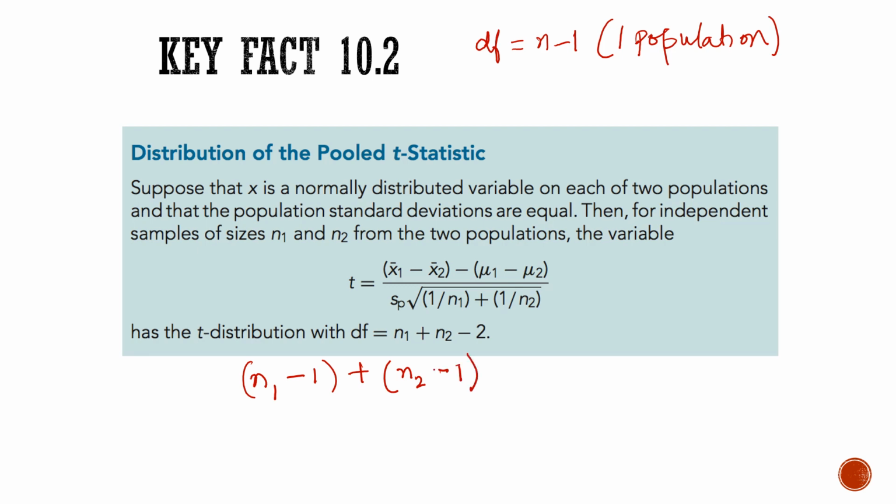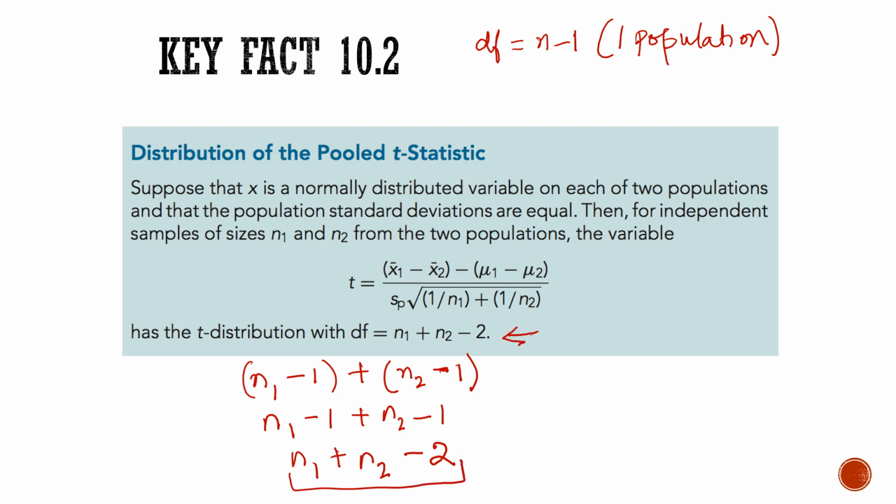All right, you have to subtract 1 from each of these sample sizes, and when we combine it, n sub 1 minus 1 plus n sub 2 minus 1 would be what? N sub 1 plus n sub 2, minus 1 plus minus 1 is minus 2, so it's going to be n sub 1 plus n sub 2 minus 2, and that is what we have here.